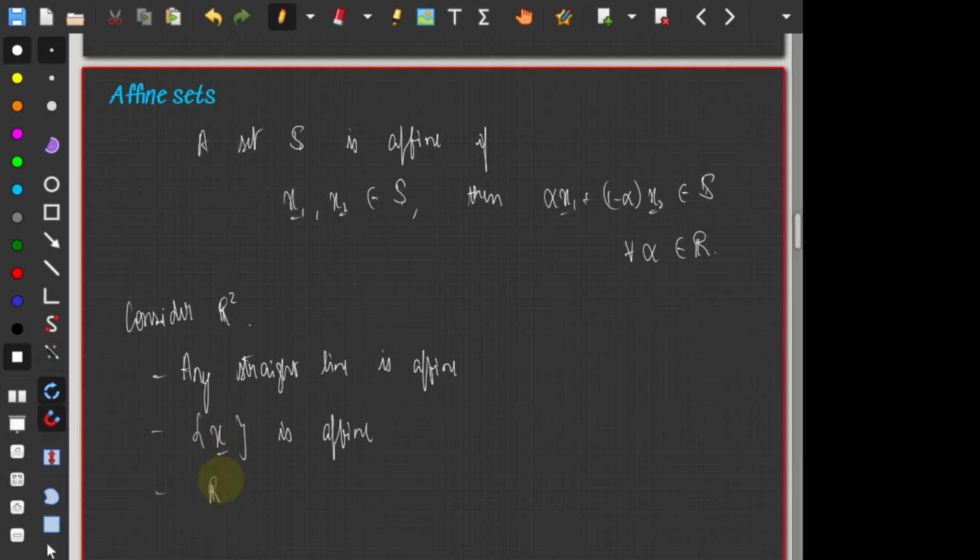R2 is affine. And as you mentioned, the null space of a 2 by 2 matrix. Can you generalize that a little bit further? You're heading along the right direction, but there's one more step of generalization to that. No, we're looking at R2. Linear combination of vector subspace, yes.